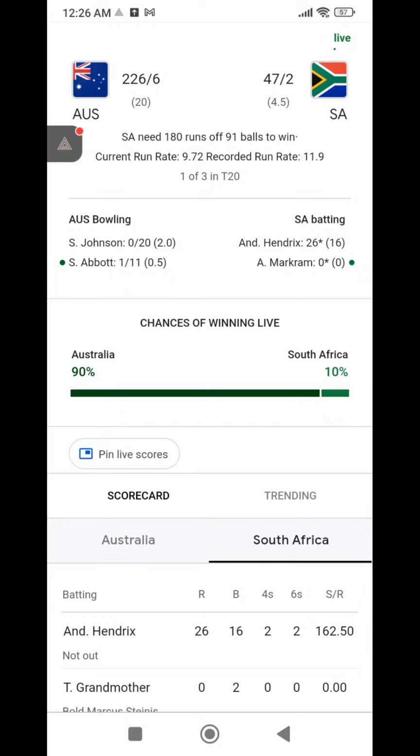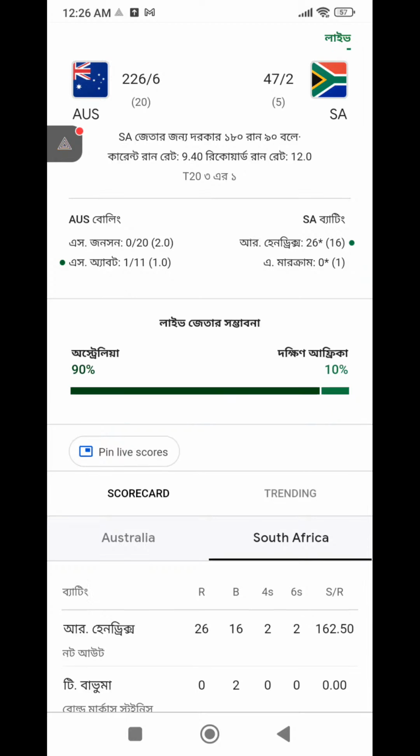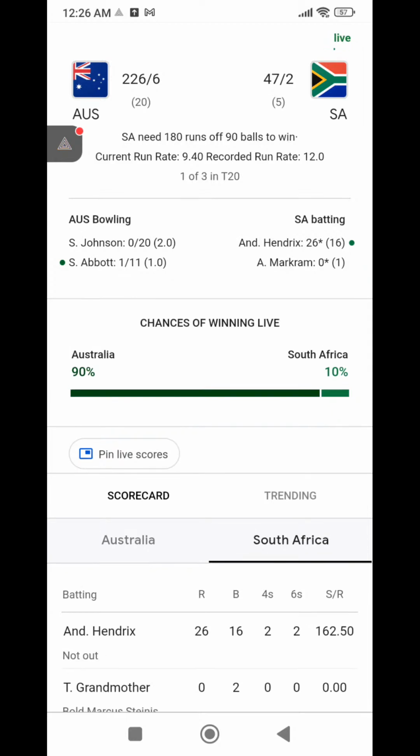So 47 for the loss of 2 wickets in 4.5 overs. 180 runs off 90 balls. Required run rate is 12 and the current run rate is 9.40.